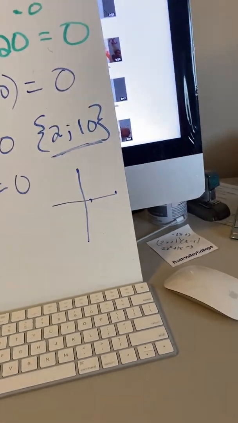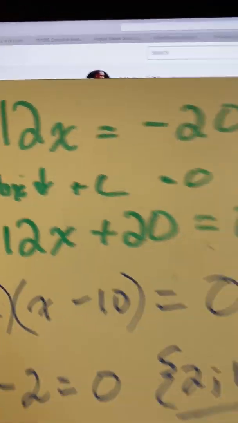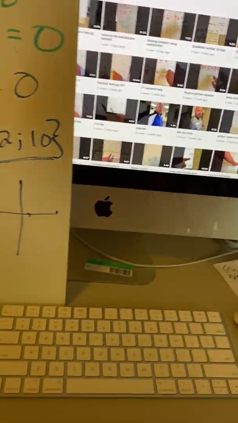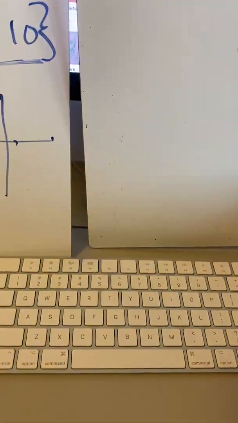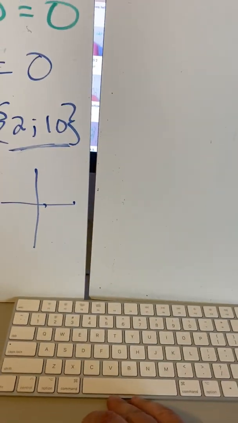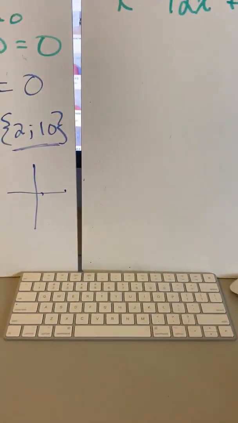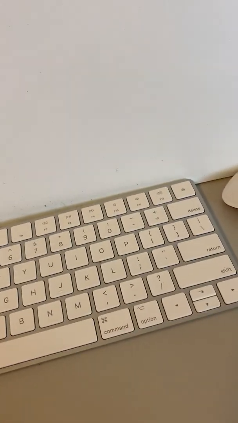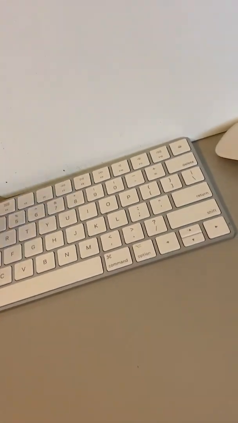Now, I'm going to show you with this exact same original formula how to solve this using the thing called the quadratic equation. Okay, the quadratic equation. Well, what is the quadratic equation, you ask?